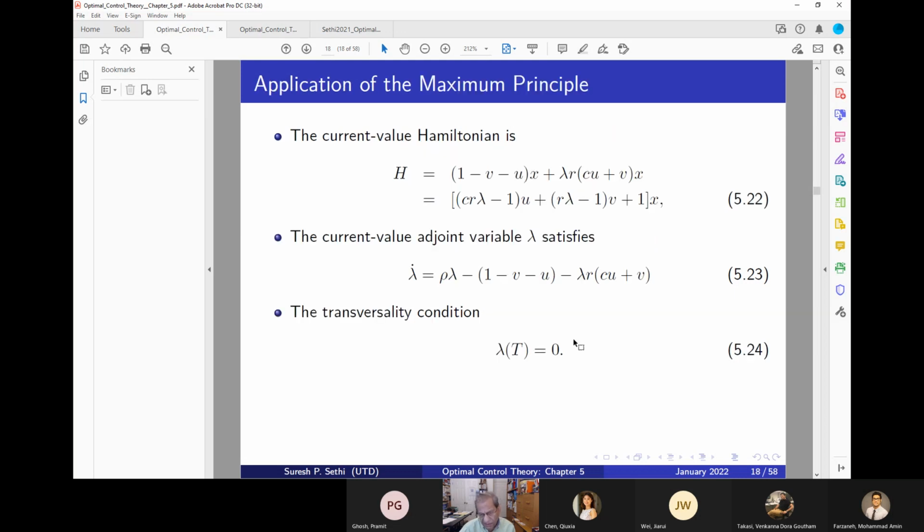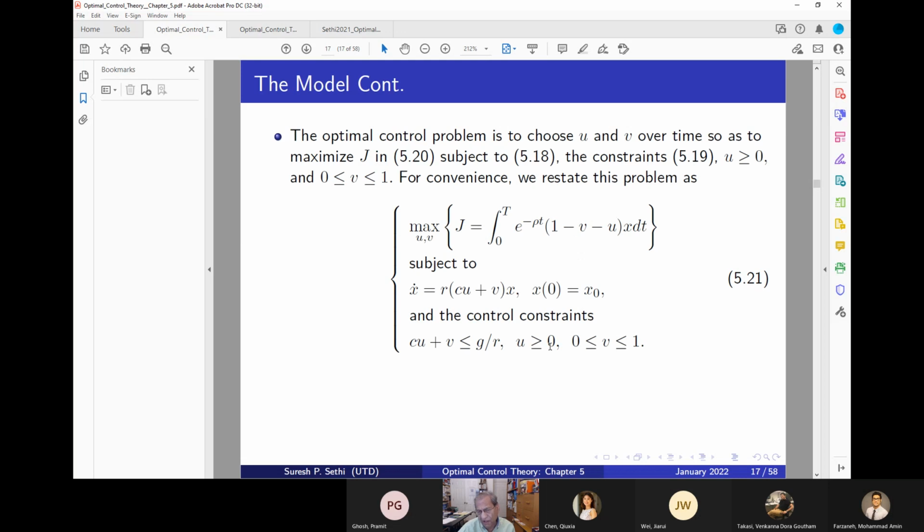If the salvage value was there, we can still solve the problem. It's not a big deal. The problem there is, what is the salvage value? How do you find it? The salvage value of any state at time capital T is another optimal control problem that begins at T with whatever x you have, and again the same state equation.